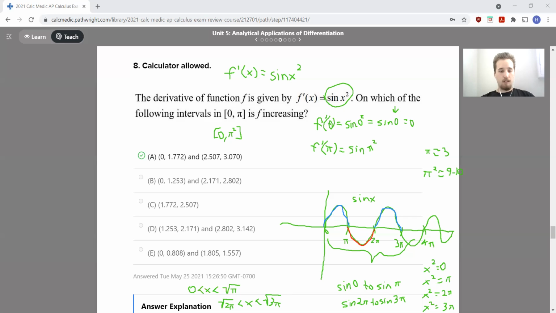And when you plug those into a calculator, you get: square root of pi is 1.772, square root of 2 pi is 2.507, square root of 3 pi is 3.070. And so that's kind of how you find this. Another way, I wanted to show you how to do it this way.